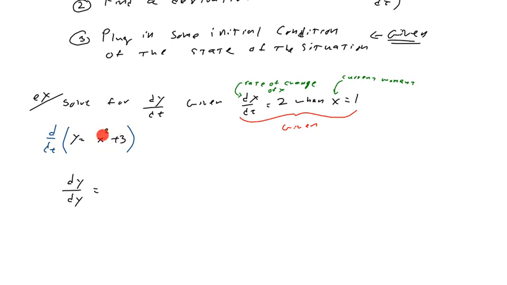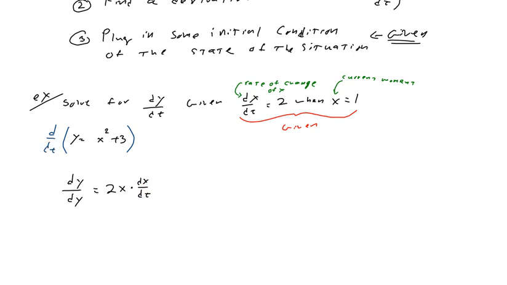I have my power rule here with x, I've got 2x. And then I have to remember that since I'm doing the derivative with respect to t, I'm going to have a dx/dt piece as well, because we're doing a derivative with respect to t.